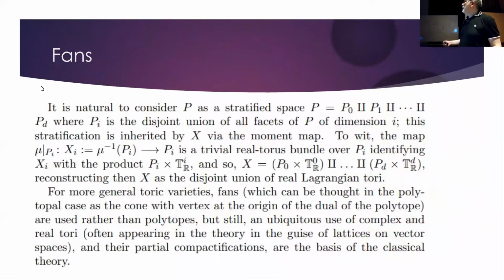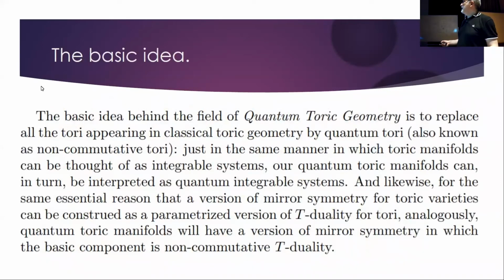In fact, the situation is slightly more general than polytopes. You want to consider fans and the toric varieties associated to fans, not only polytopes. Again, the basic idea behind the field of quantum toric geometry is to replace all the tori appearing in classical toric geometry by quantum tori. Some people call quantum tori non-commutative tori.